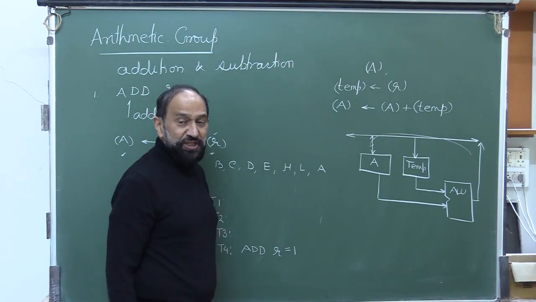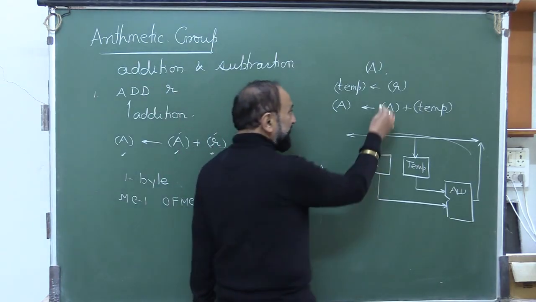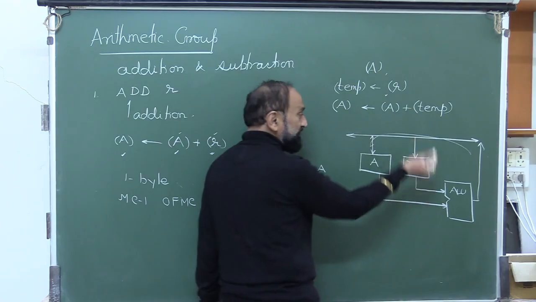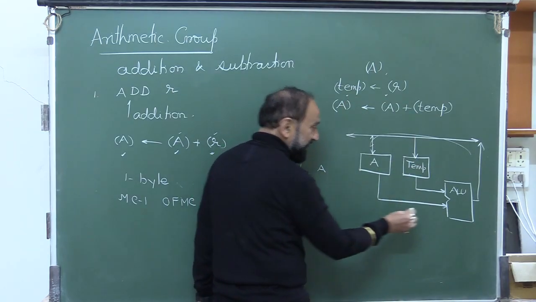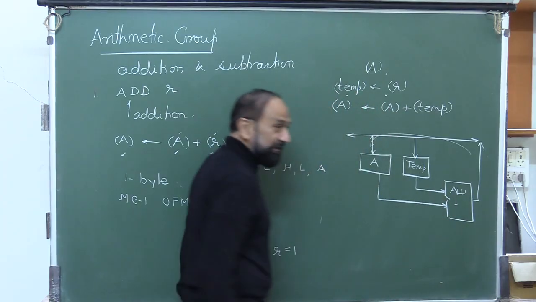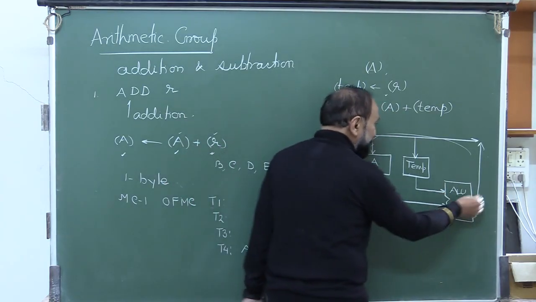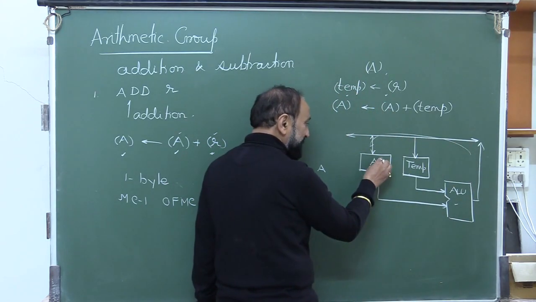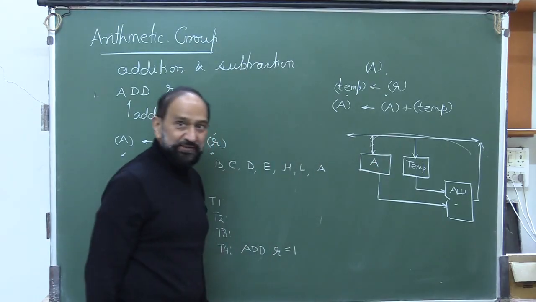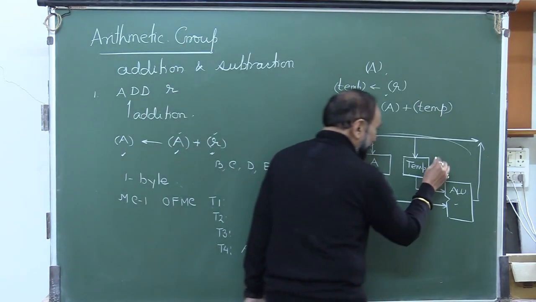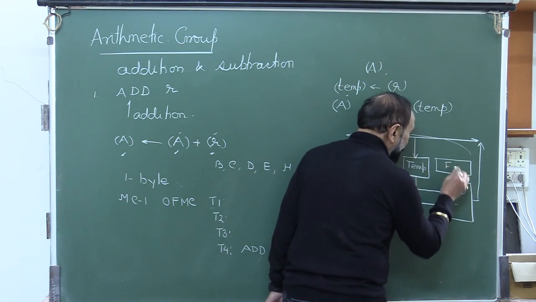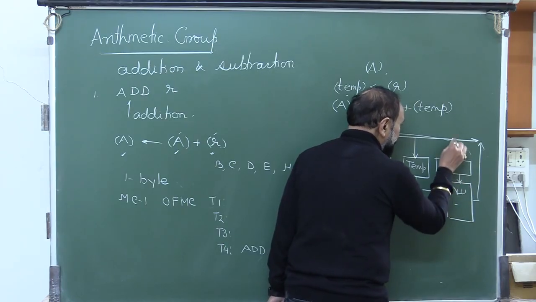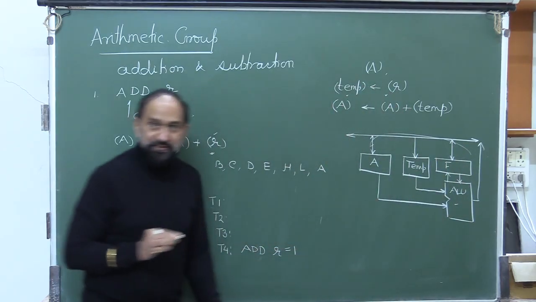So first the second operand is moved from the general purpose register to the temporary register. Then addition takes place in the ALU, and then through this bus the result is stored back into the accumulator. In this operation the flags are affected as per the result.